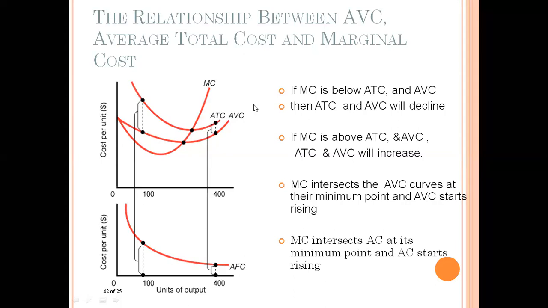You have to just write that all three curves, AC, AVC, and MC, are U-shaped curves. Relationship की बात कर रहा हूँ, क्या बताना है आपने? These curves are U-shaped curves because of the operation of the law of variable proportion. Secondly, all these curves first are decreasing.